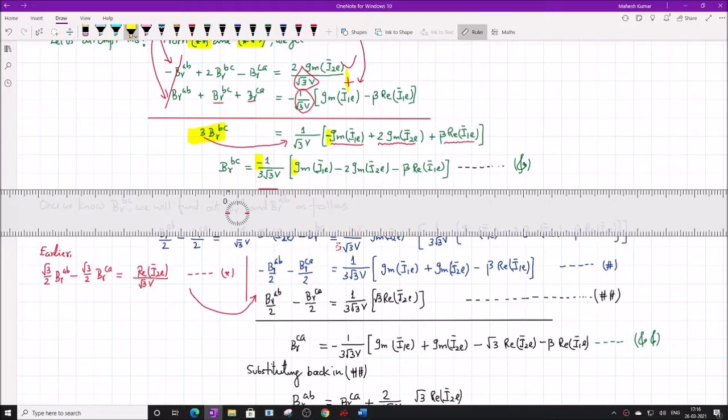So imaginary of I1L minus twice imaginary of I2L minus beta real of I1L. This is B gamma BC.